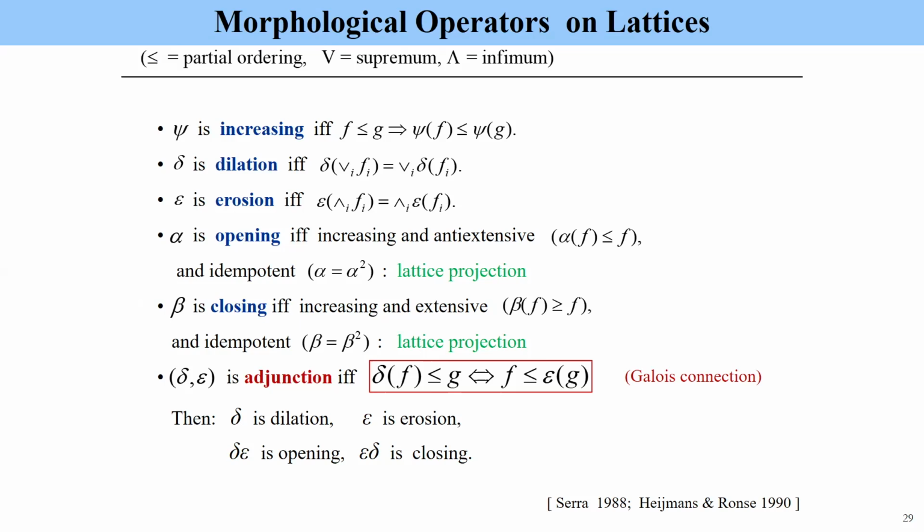And then a fundamental concept is that of the adjunction or Galois connection, which tells us that dilation and erosion can come in pairs. Let's say a delta-epsilon adjunction, where delta is a dilation and epsilon is an erosion. They come in pairs if and only if they satisfy this double inequality. And if they do, then as a very useful byproduct, we have projections, we have filters by cascading dilations and erosions.